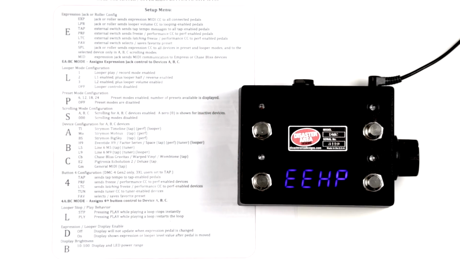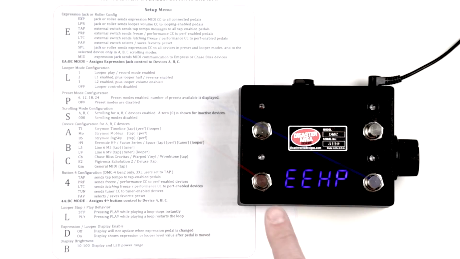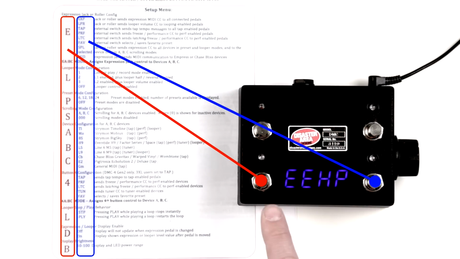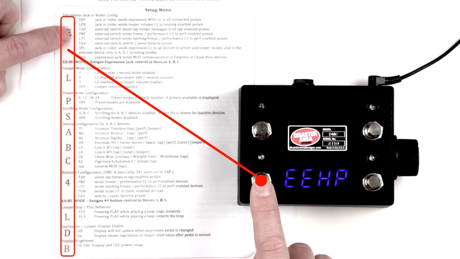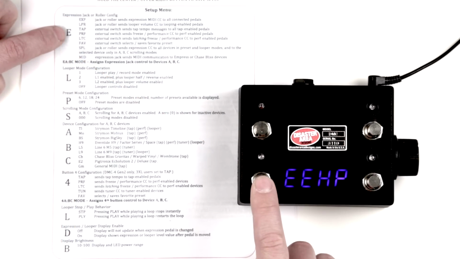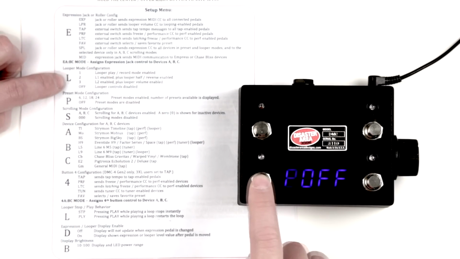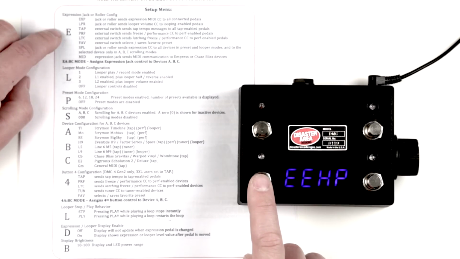Okay, the first thing we need to focus on is you don't press these top two buttons during any of this. You just focus on the bottom two. The bottom left, as you press it, it takes you through these bold letter choices here. And let's just go right through those. You'll see this E change to L, P, as you go down the list. And then back up here.